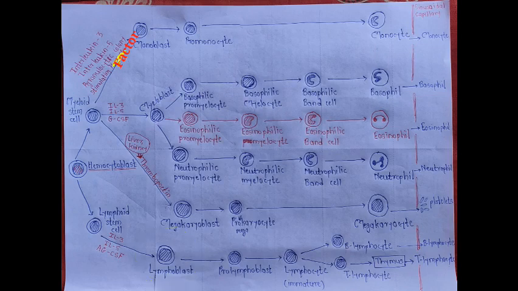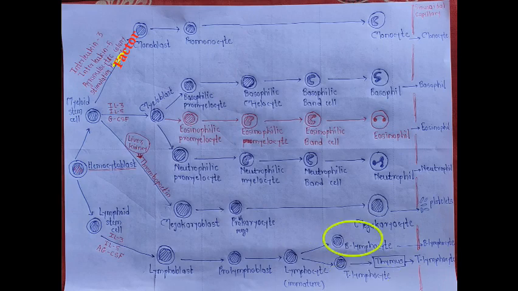Lymphoblast matures into a cell called prolymphoblast. Prolymphoblast becomes metabolically very active and gets converted into immature lymphocyte. This immature lymphocyte will give rise to two different types of cell, B lymphocyte and T lymphocyte.